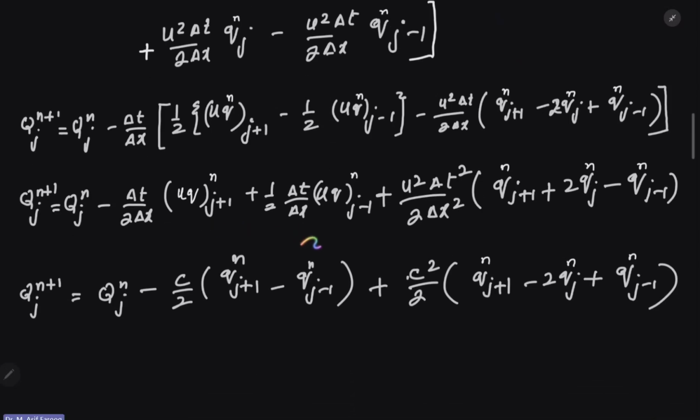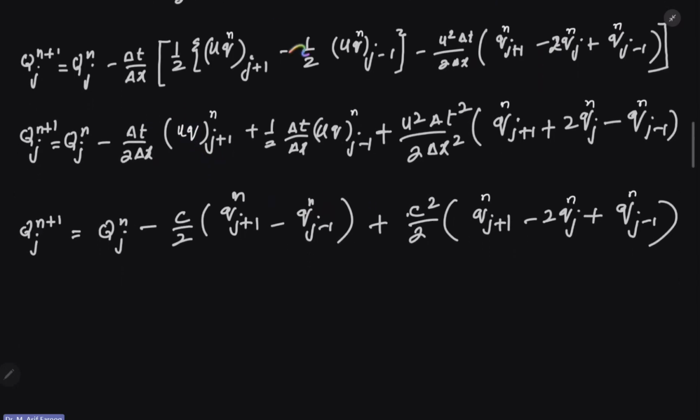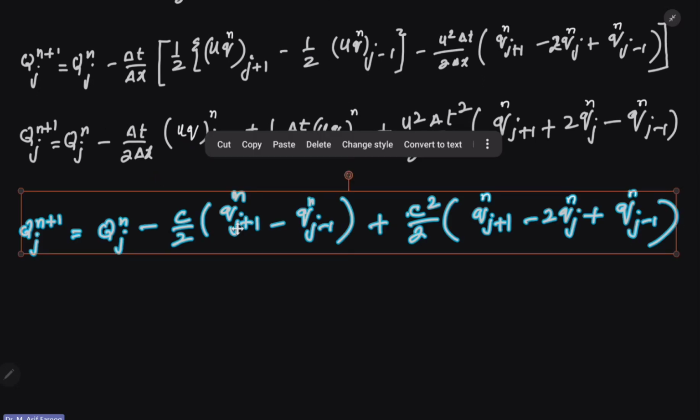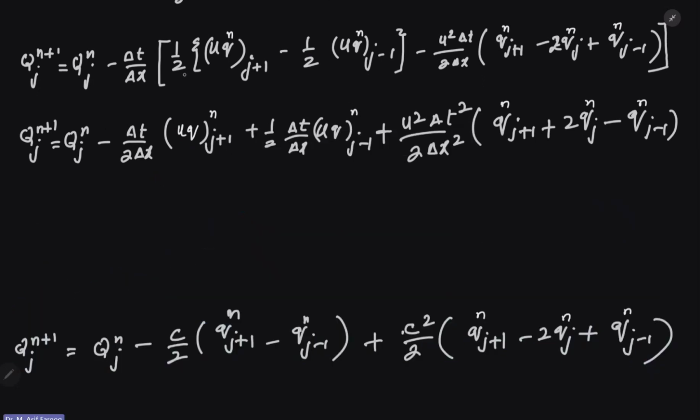And after that, here you can take u as a common since it is a constant. Maybe I can solve it for you. Over here, it becomes q n plus 1 j is equal to q n j minus u, a constant, by 2 delta x. And then we have, for example, q n j plus 1.